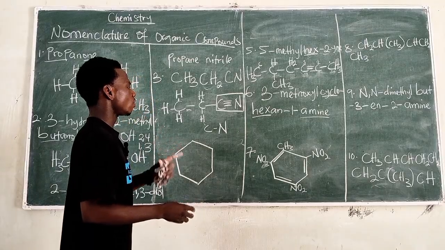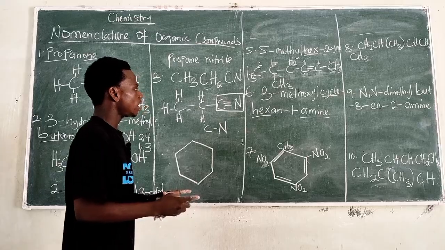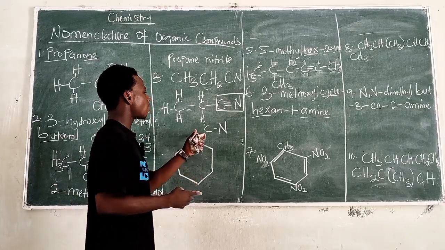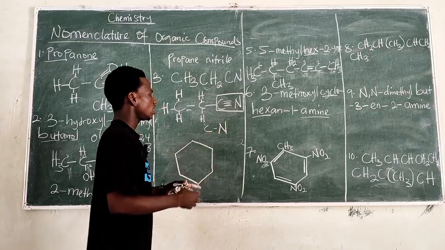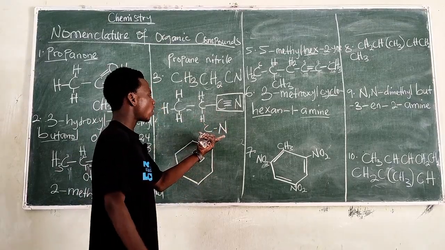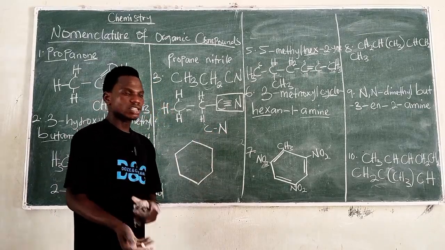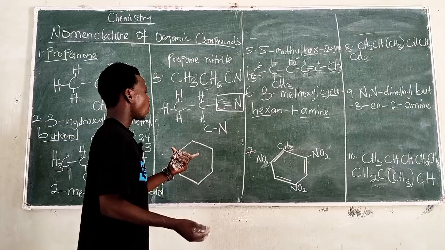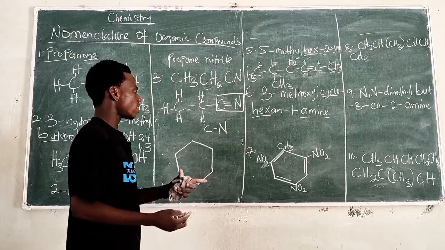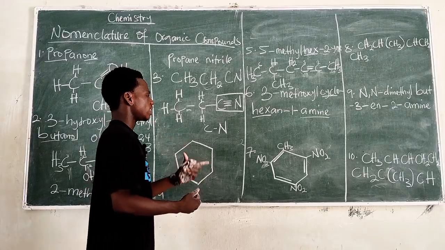But for amines or amides, it is carbon single bonded to nitrogen. But please know that amines are different from amides because for amides, the carbon single bonded to the nitrogen is also double bonded to oxygen. While for amine, the carbon single bonded to nitrogen can be bonded to hydrogens or other carbon atoms, but it is never bonded to an oxygen. So that's the difference between amines and amides.